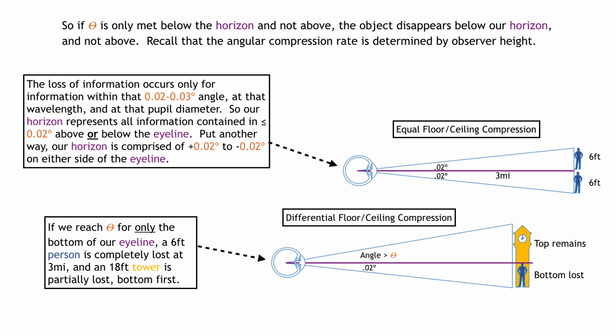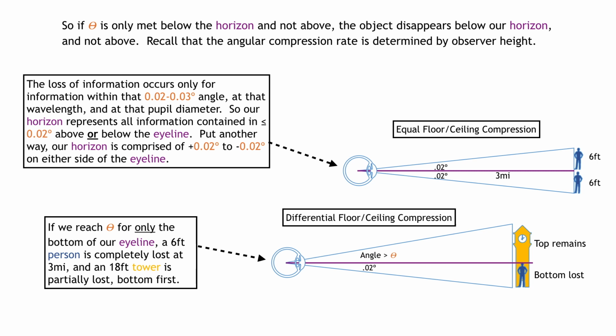So again, our horizon represents all information contained in less than 0.02 degrees above or below the eye line. Put another way, our horizon is comprised of plus 0.02 to minus 0.02 degrees on either side of the eye line, assuming that we have equal floor, wall, and ceiling compression.